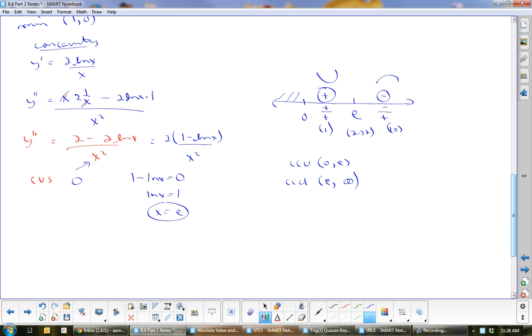Okay, now I just have to find the inflection point. So if we put e into our original equation, f at e, that would be ln e squared. That is 1 squared, which equals 1. So we have e comma 1 as my inflection point.